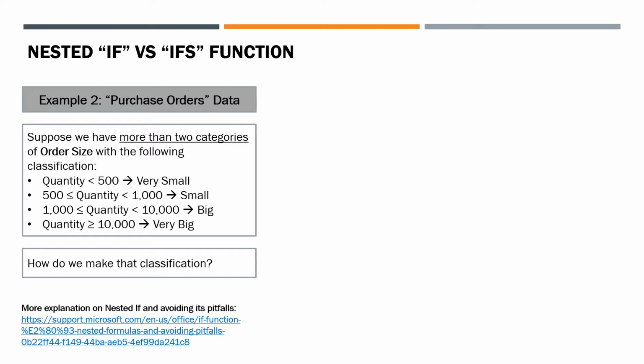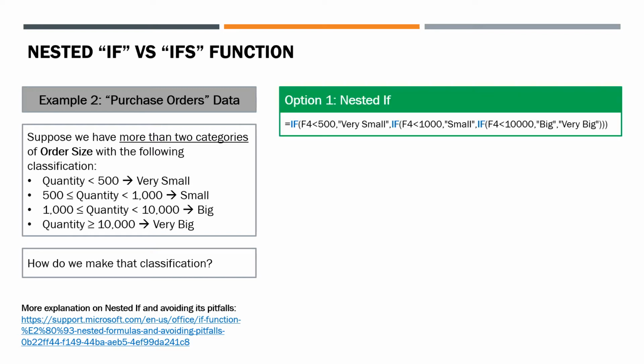So here we have more than one condition, and we can use two options, and you can choose either one. The first one is nested IF, or IF inside IF, and the second one is the IFS function, IF plus S. If we use the IF function, the first criterion will be evaluated first.